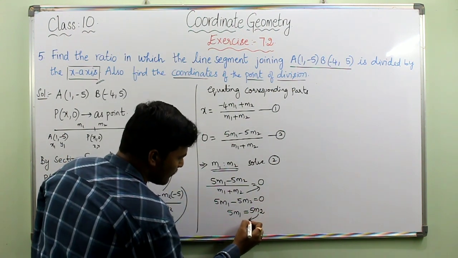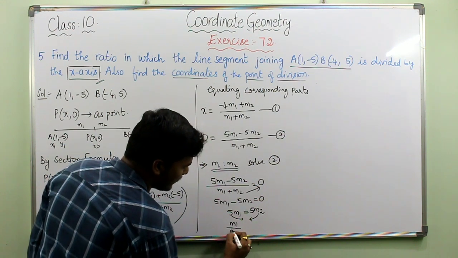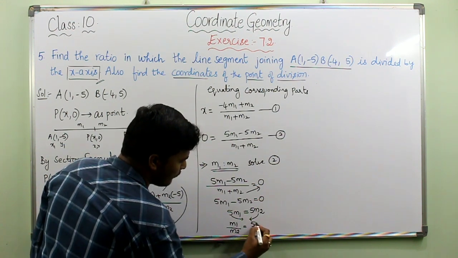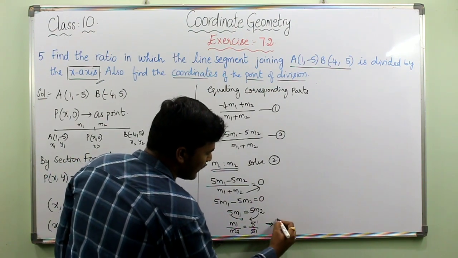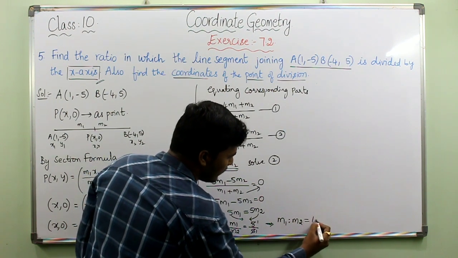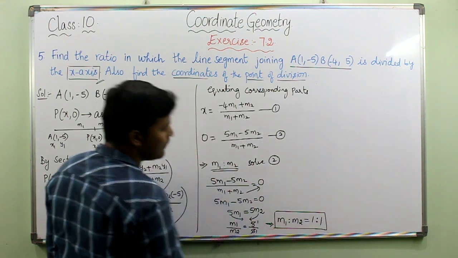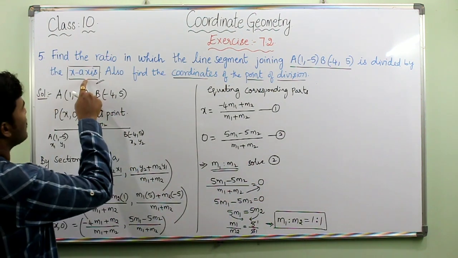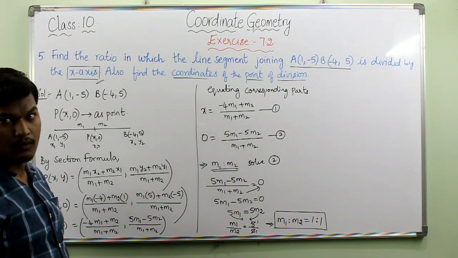Shift this m2 term here, shift this 5 that side, then it will become m1/m2 is equal to 5/5. The 5s get cancelled. Then we will get the ratio m1 is to m2 as 1 is to 1. So we found the ratio in which (x, 0) is dividing the line segment.